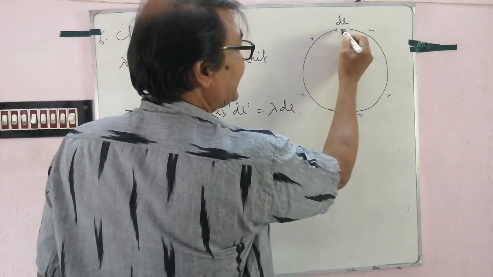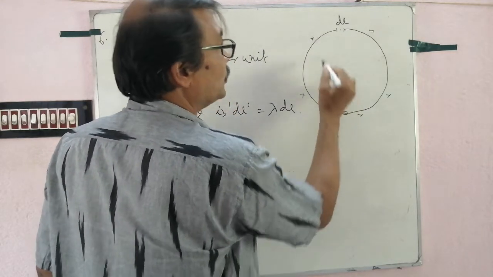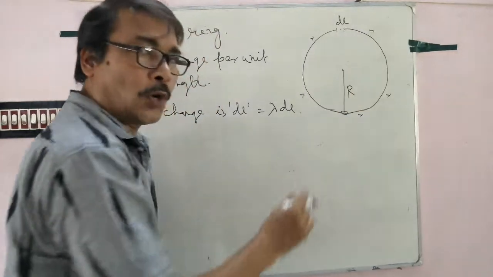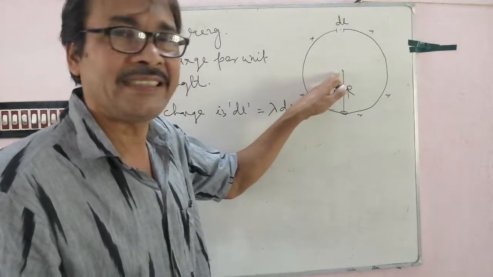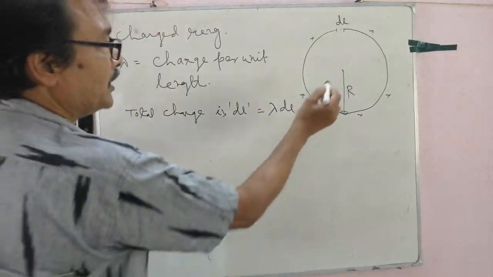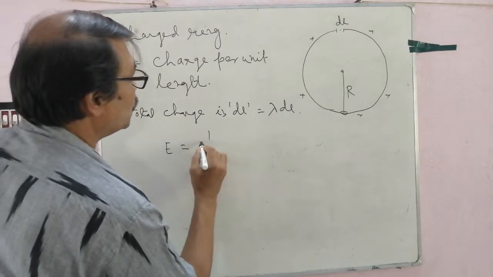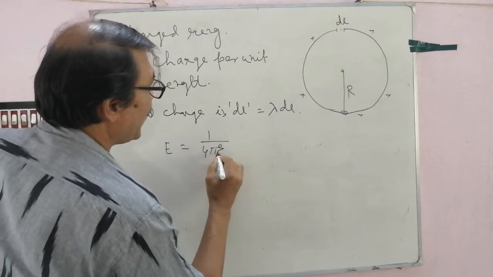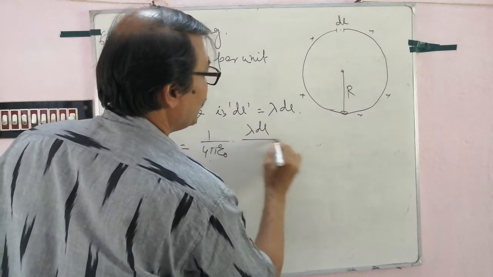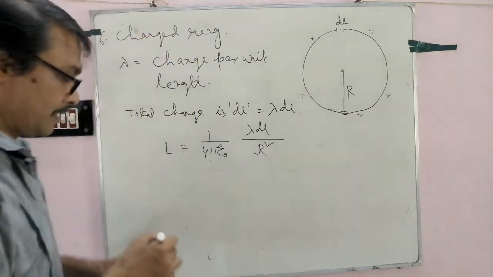So here is a point, and a similar point on the opposite side. Due to these pairs of opposite points, the field is cancelled, but here there is no charge. So the field at the center will be 1 by 4 pi epsilon naught, lambda dl by r square.